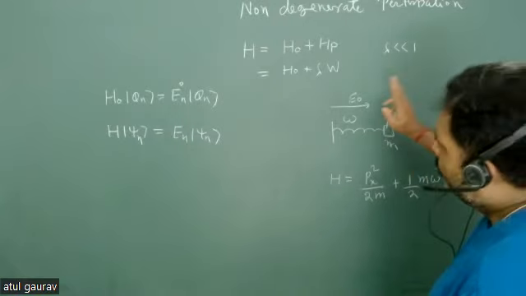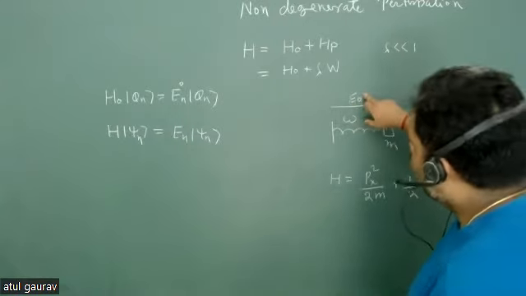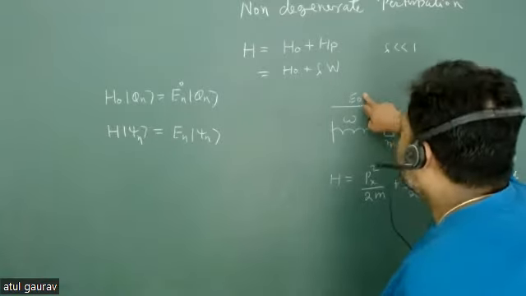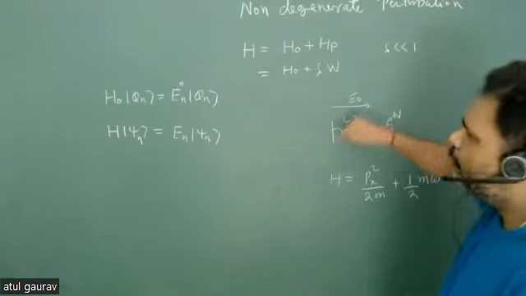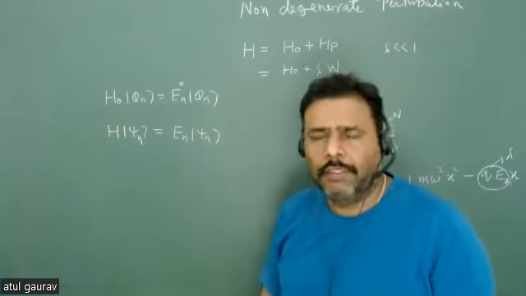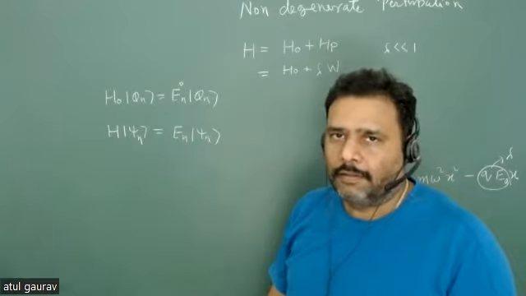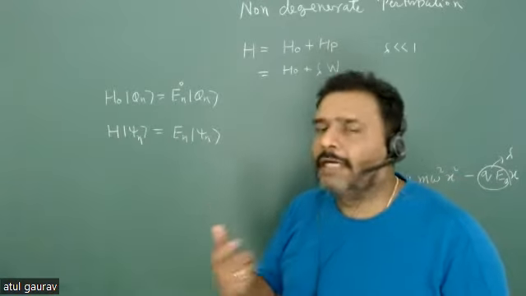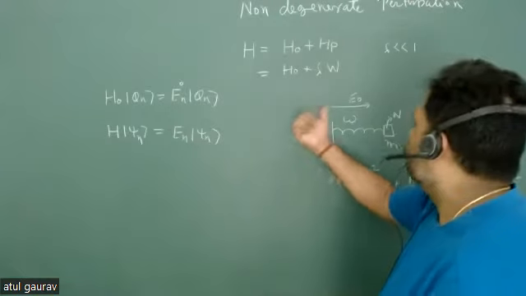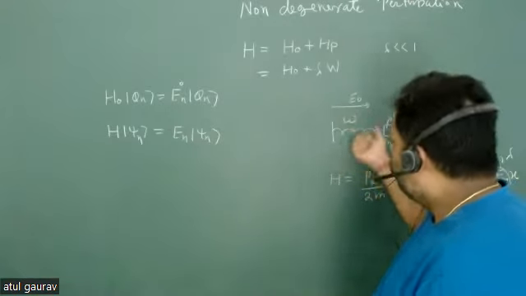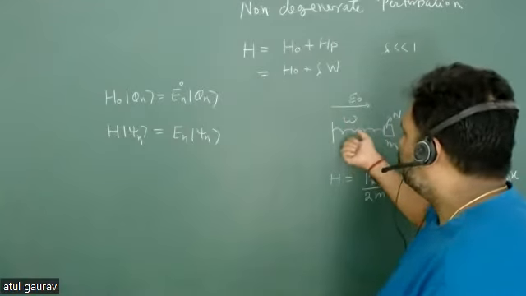Maybe if I increase the electric field so high that it overcomes this particular spring force, then what will happen? Suppose we are talking about an ideal system and we try to increase the electric field such that it overcomes the spring force.